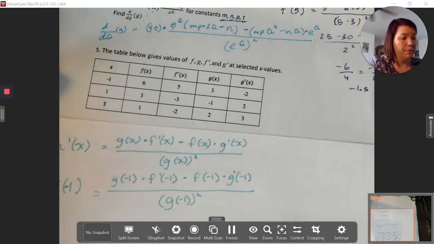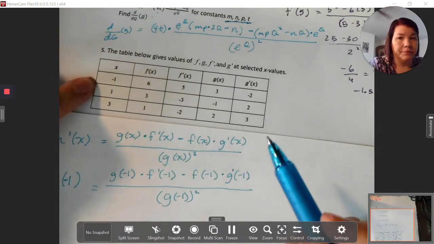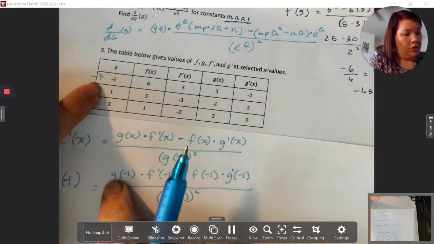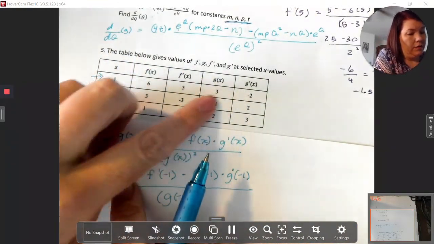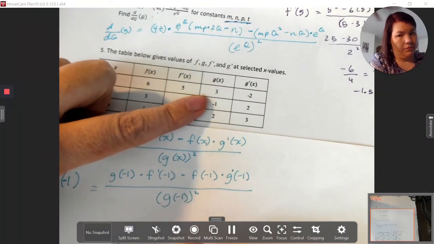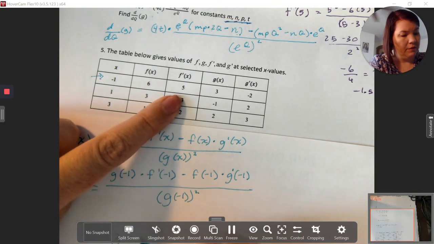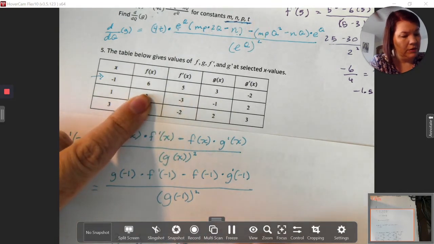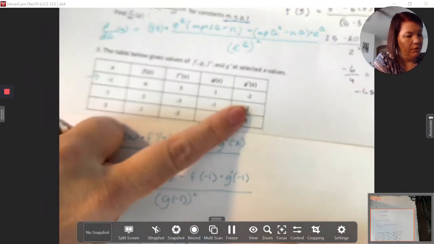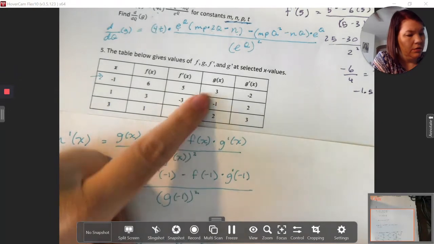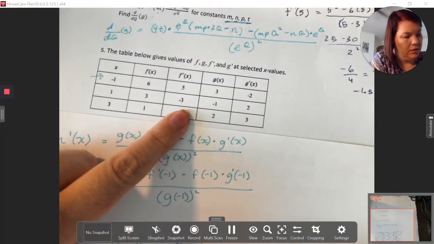Now I'm going to use my table. So negative 1. G of negative 1 is 3 times f prime of negative 1, which is 5, minus f of negative 1, which is 6, times g prime, which is negative 2, all over g, which was 3 squared.